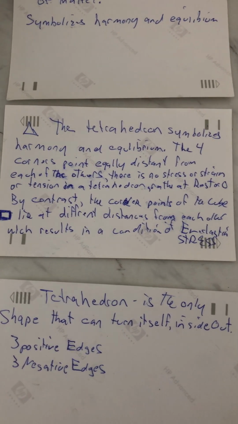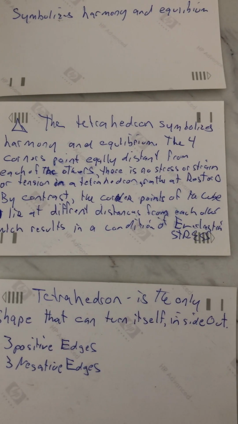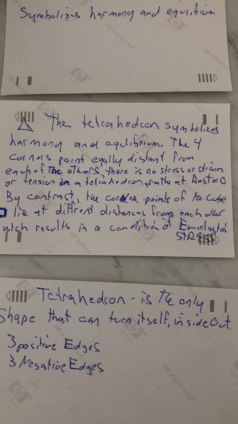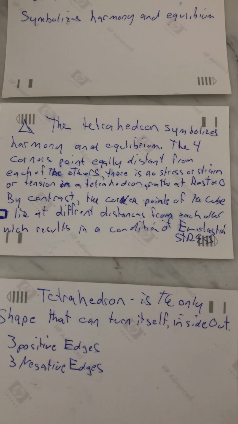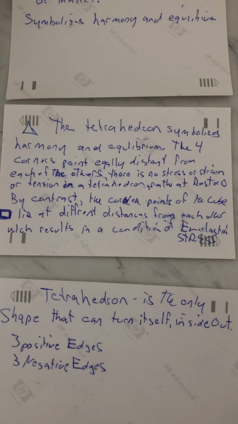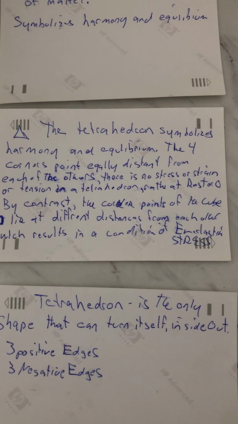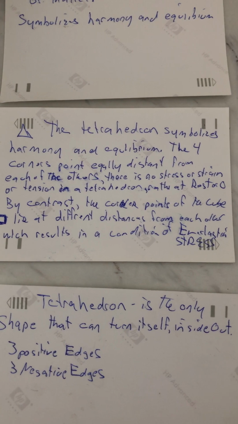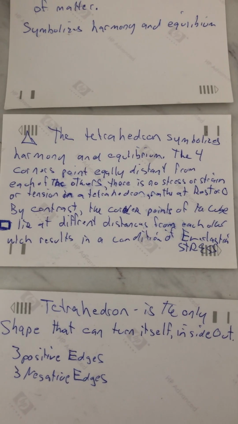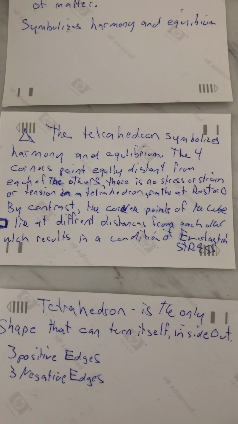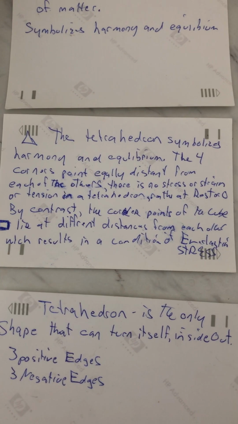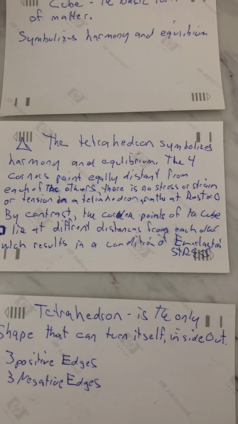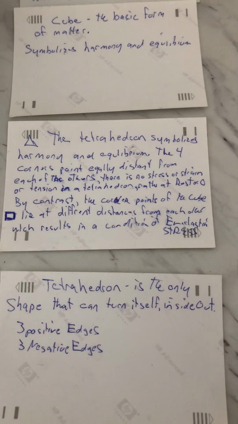So the four corners point equally distant from each other. There's no stress or strain or tension in the tetrahedron, rather at rest or zero. By contrast, the corner points of the cube lie at different distances from each other, which result in conditions of everlasting stress.